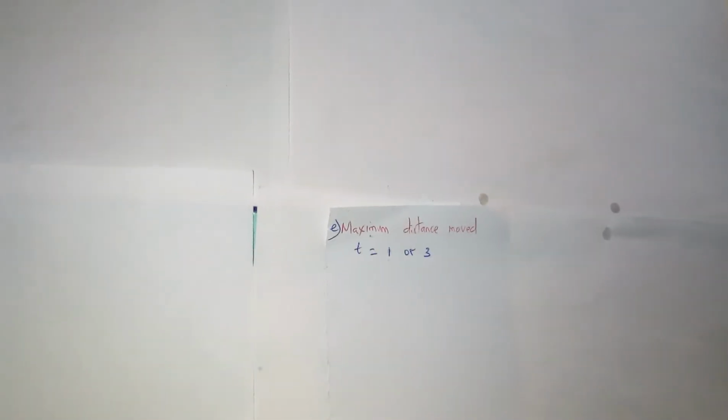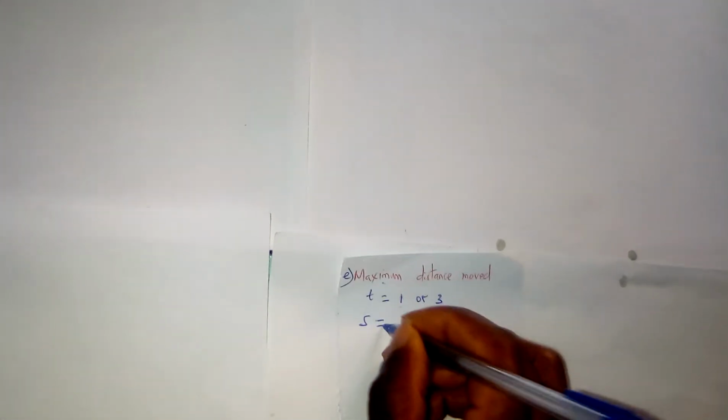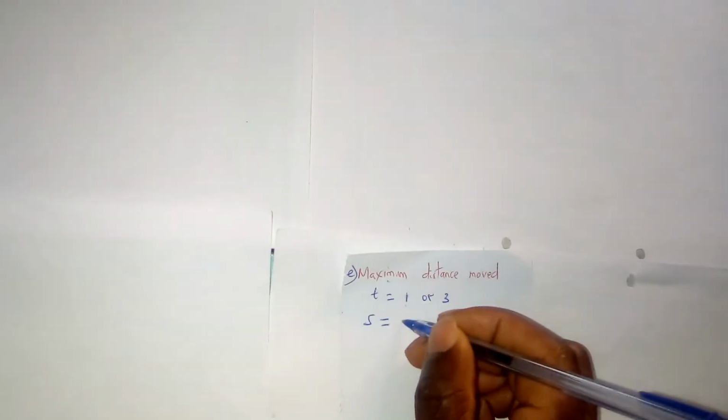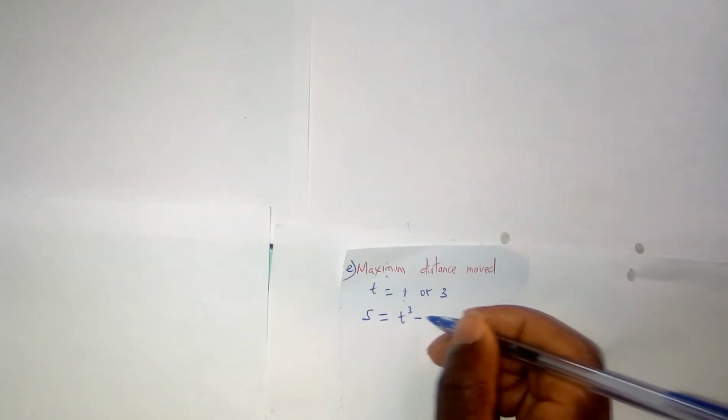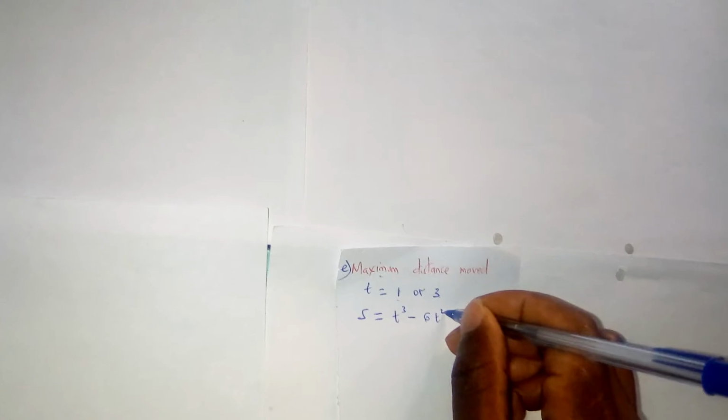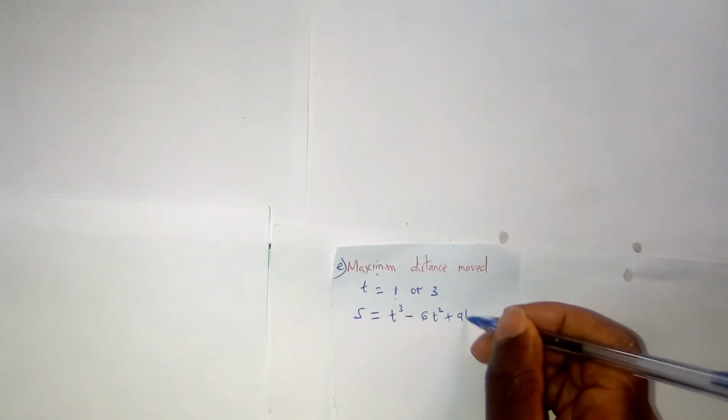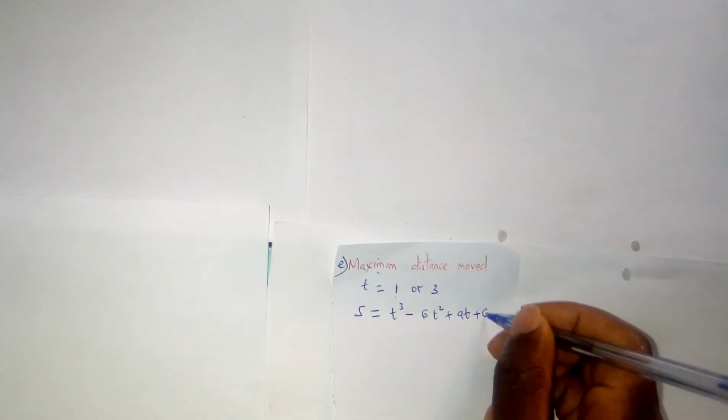And remember, in the beginning we got the equation of the displacement, whereby S is equal to t cube minus 6t squared plus 9t plus 60.